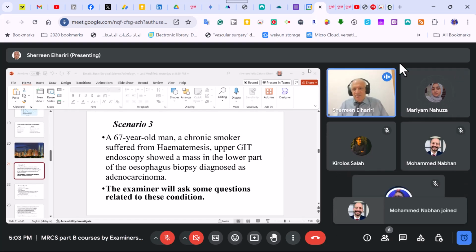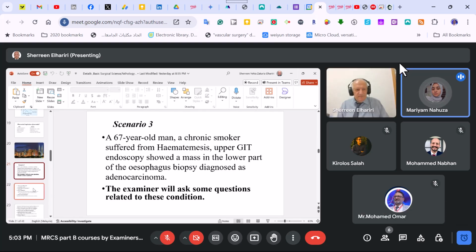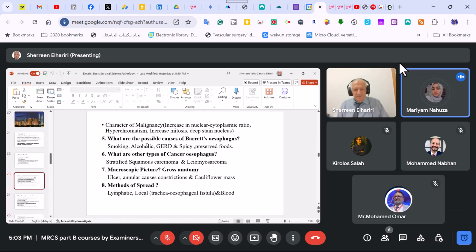What is the possible cause of Barrett esophagus? Smoking, GERD, chronic alcohol, excessive stress and spicy food. What other types of cancer of the esophagus are there?